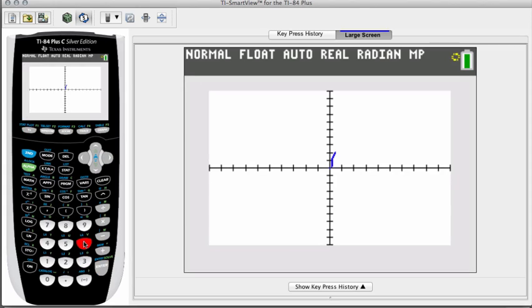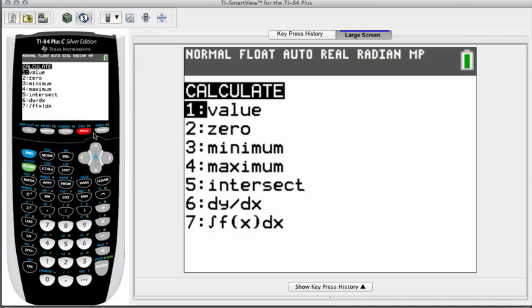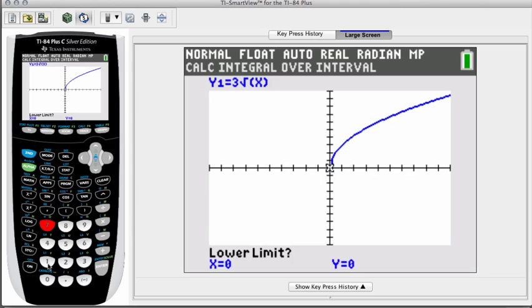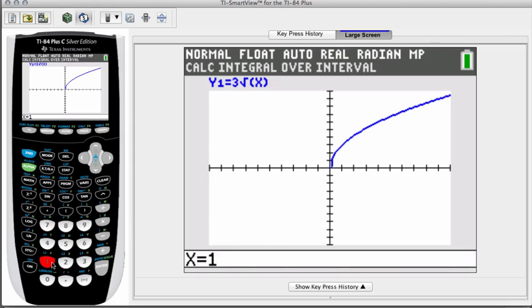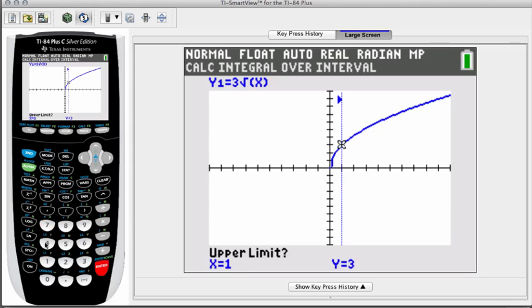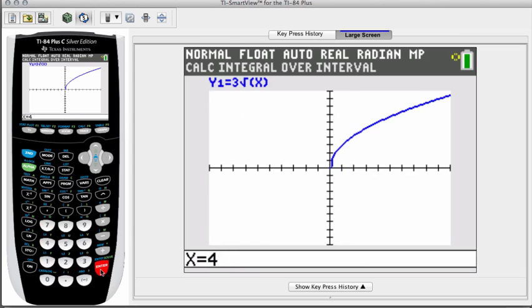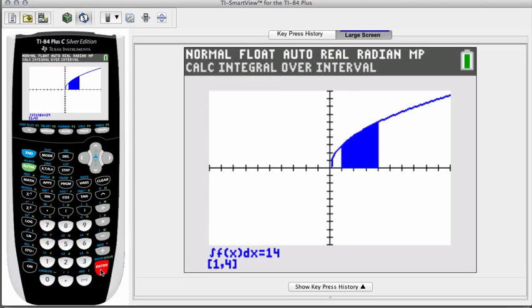So if we were to graph 3 times the square root of x, and we were to use our second calc feature and do number 7 for our integral, remember that other interpretation of this is really that of being the area under the curve between 1 and 4. And this gives you a really nice visualization of that.